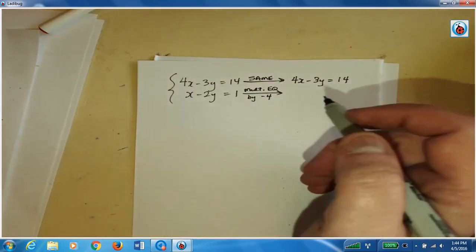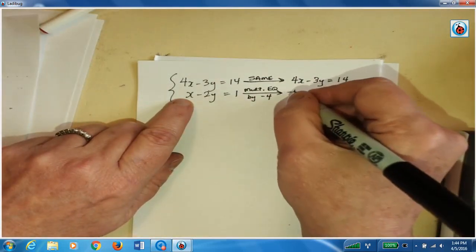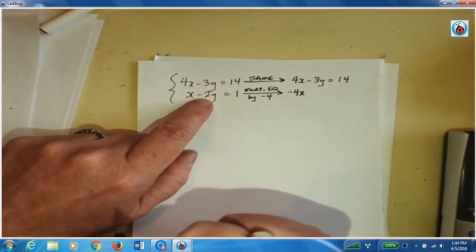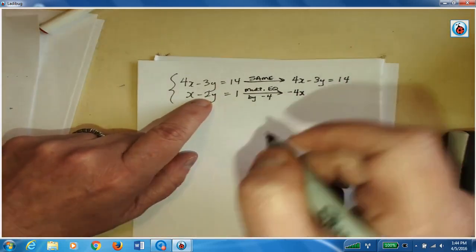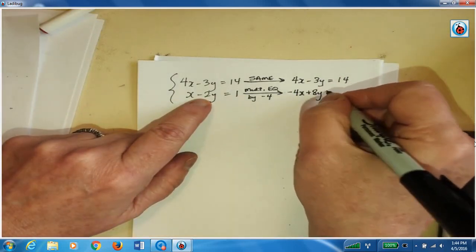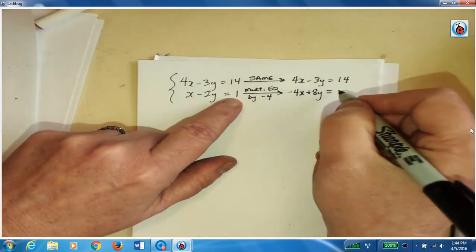Okay, so what happens when I do that? -4 times x is -4x. -4 times -2y is going to be +8y. And then -4 times 1 is going to be -4.